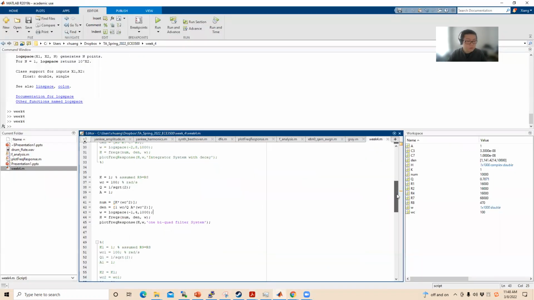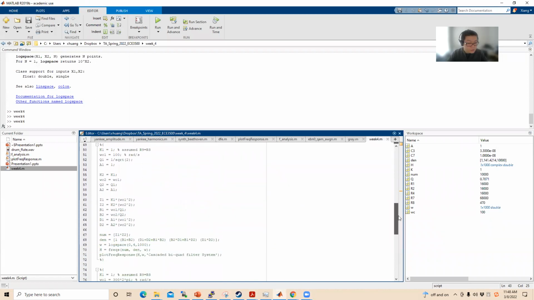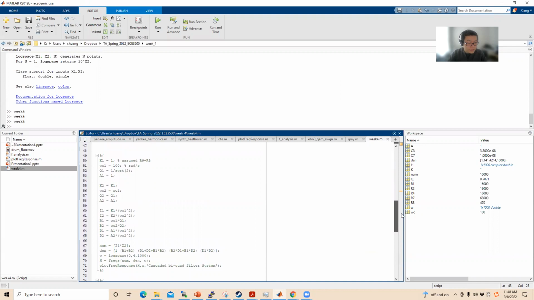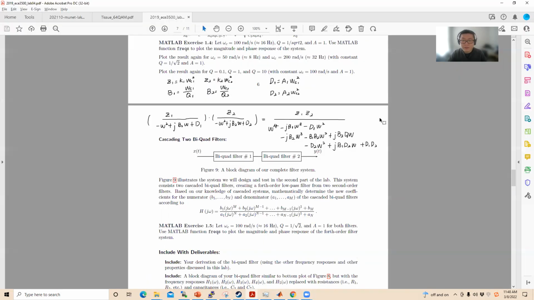So here, yeah, it's a little complex, since for each biquad filter we have, for example, this expression, and for the second biquad we have this expression.